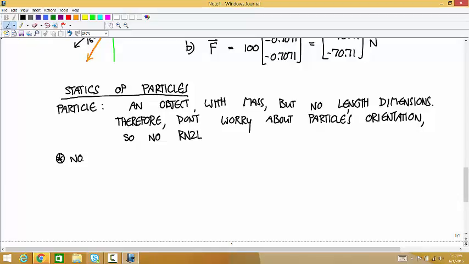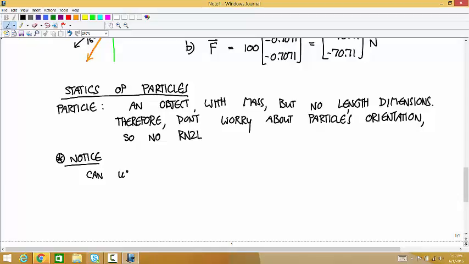One thing to notice is, usually particle physics is used for really small objects, things that have very small length dimensions, but that's not necessarily the case. You use particle calculations for the motions of planets, and those are huge. All that really is required for you to do particle analysis of an object is that you don't care about the orientation.